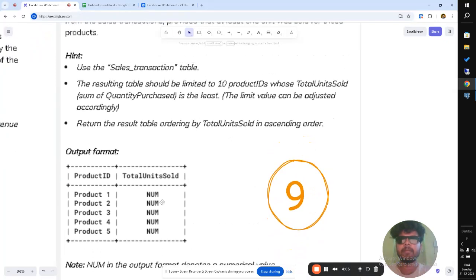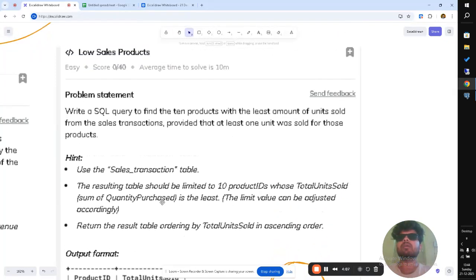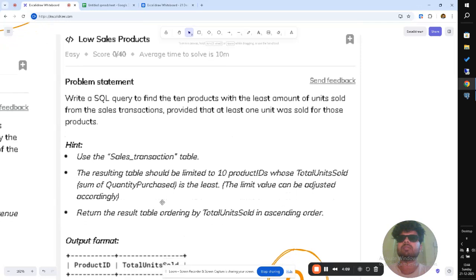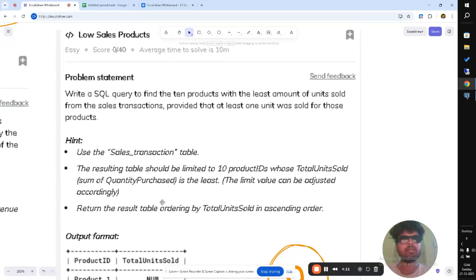Write a SQL query to find the 10 products with the least amount of units sold from the sales transaction, provided that at least one unit was sold from these products.